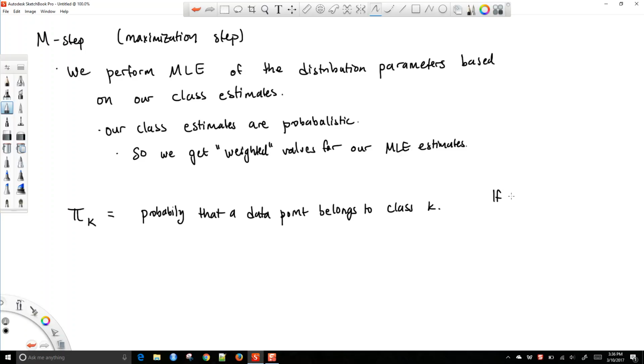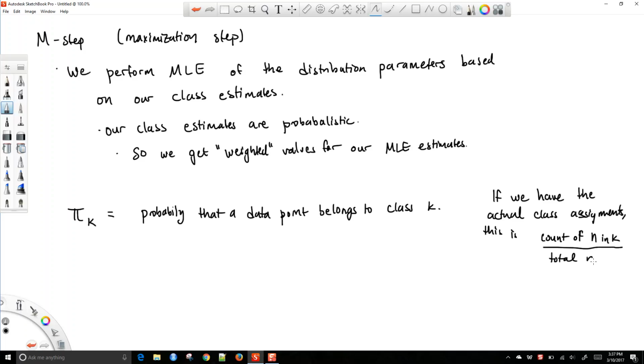So if we have the actual class assignments, this is the count of n in k divided by total n. Okay.